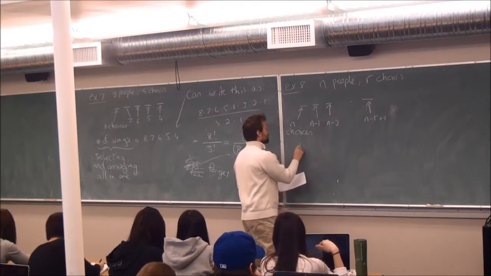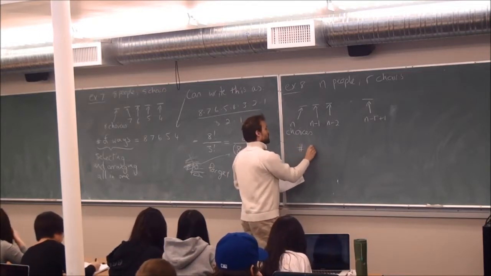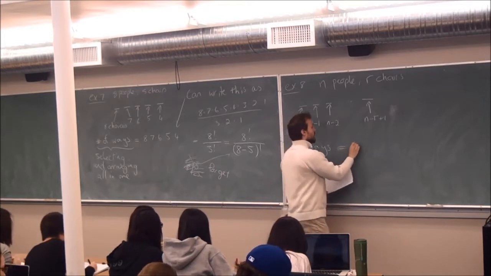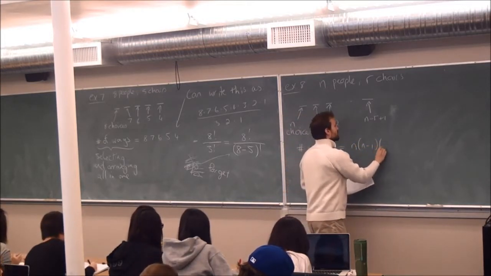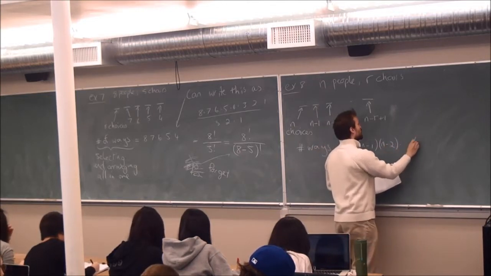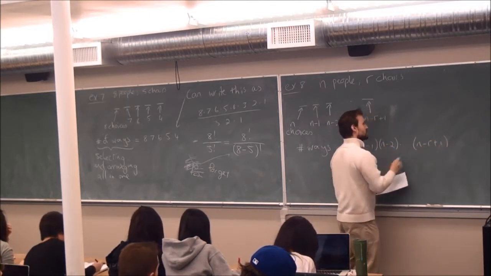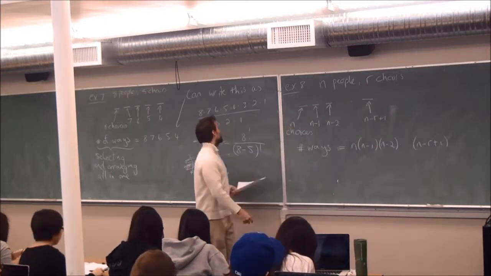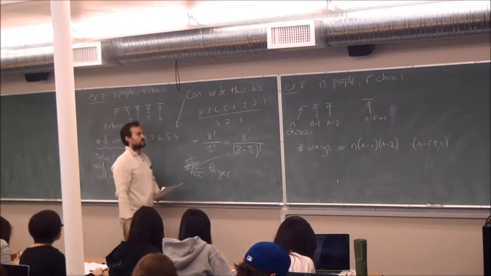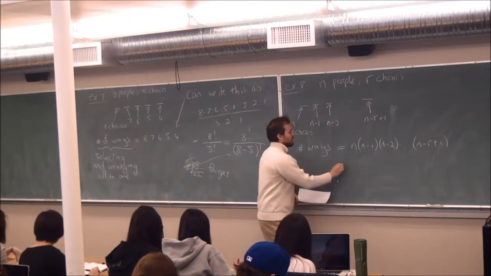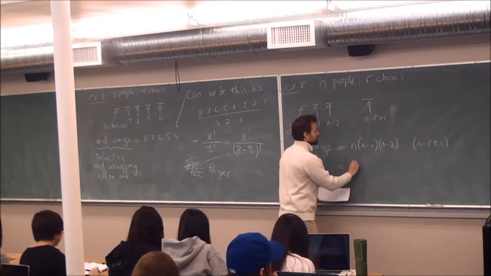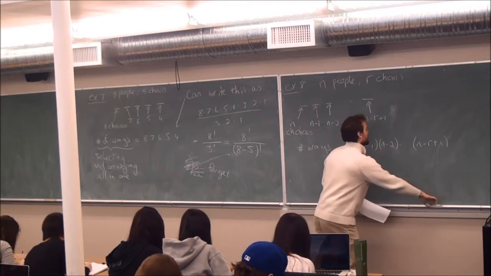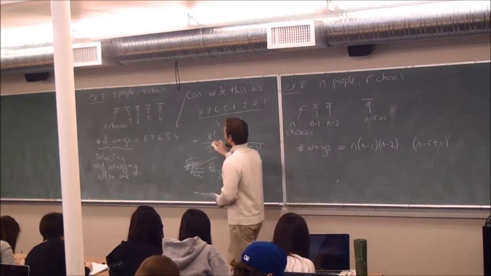So the total number of ways to select and arrange is then N times N minus 1 times N minus 2, all the way down to N minus R plus 1. Now, because I don't have specific numbers, this is of course going to look a little bit worse than the earlier one. As soon as I have specific numbers, that always looks nicer.